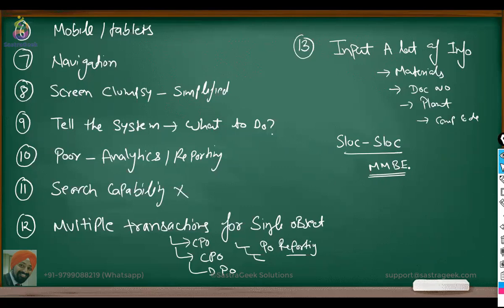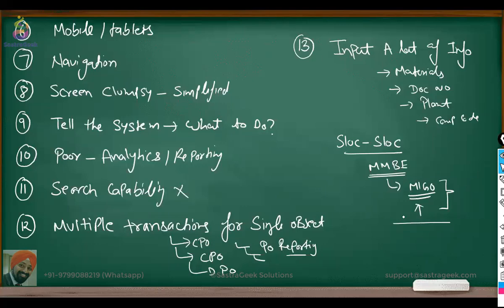Then you come to a transaction like MIGO, and even though you entered material, plant and storage location in the report, in MIGO you again need to enter all the information: from which storage location to which storage location, what material, quantity. A lot of information needs to be entered here.